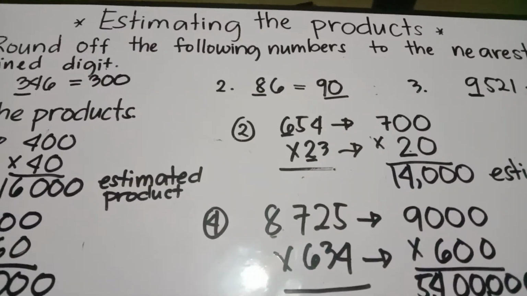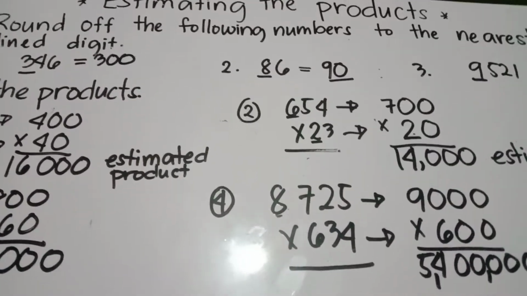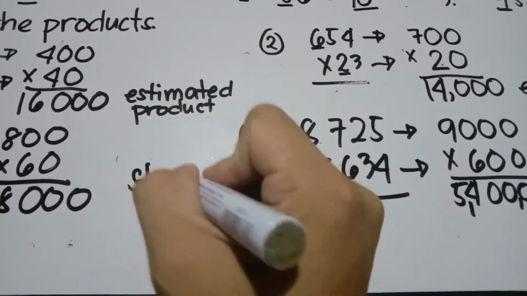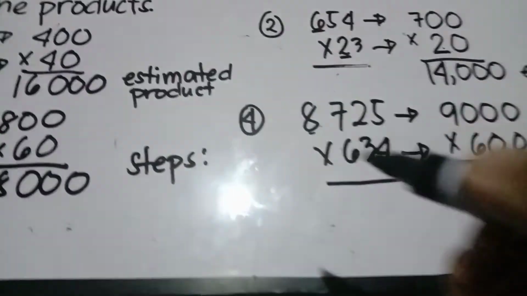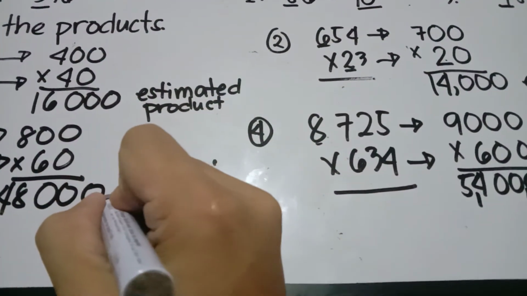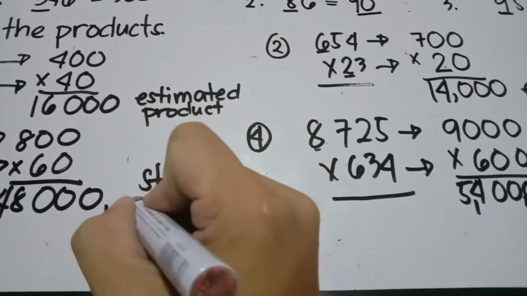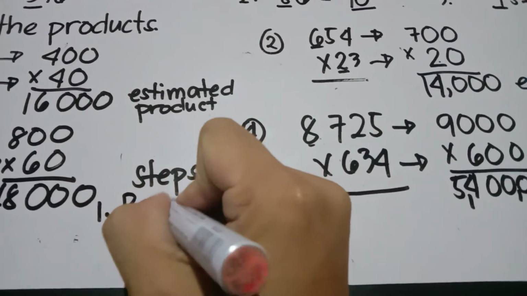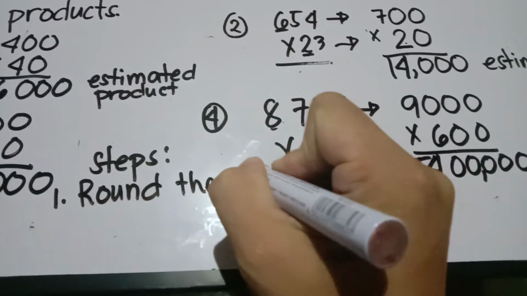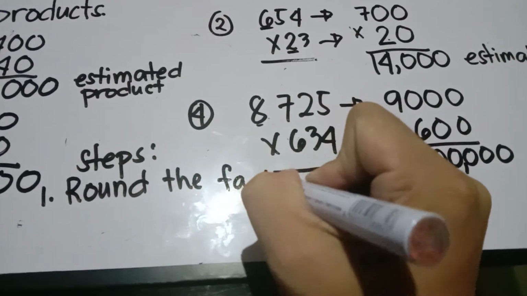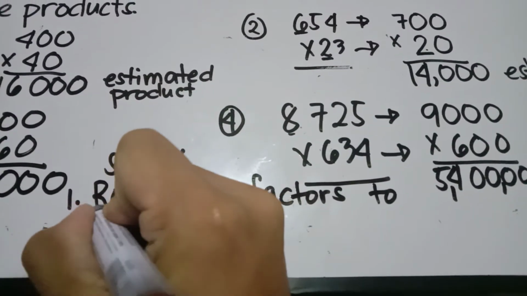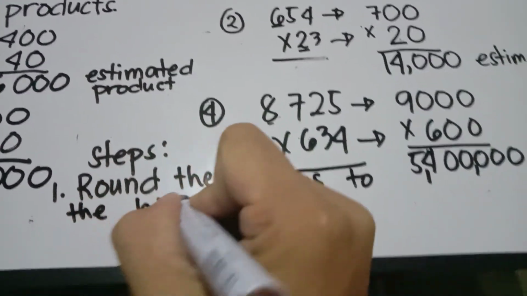That's how easy to estimate the products. So ano yung steps? Balikan natin. Dalawa lang po, no? There are 2 steps in estimating the product. First, we are going to round the factors to the highest place value.